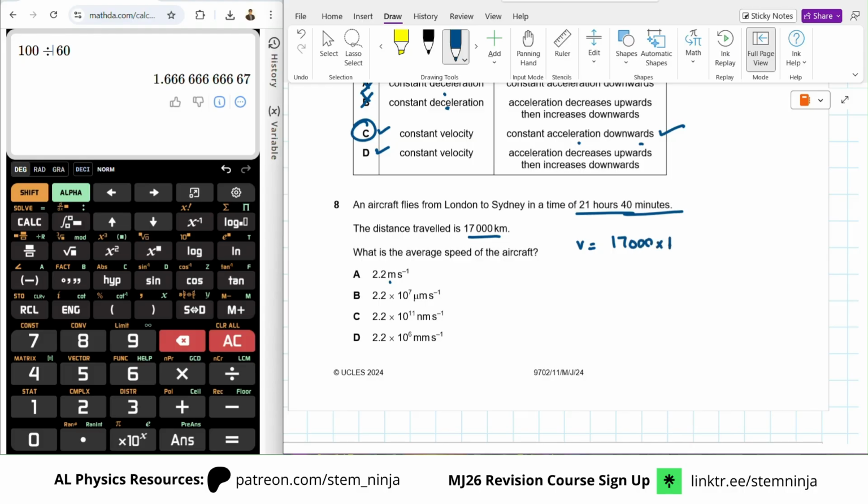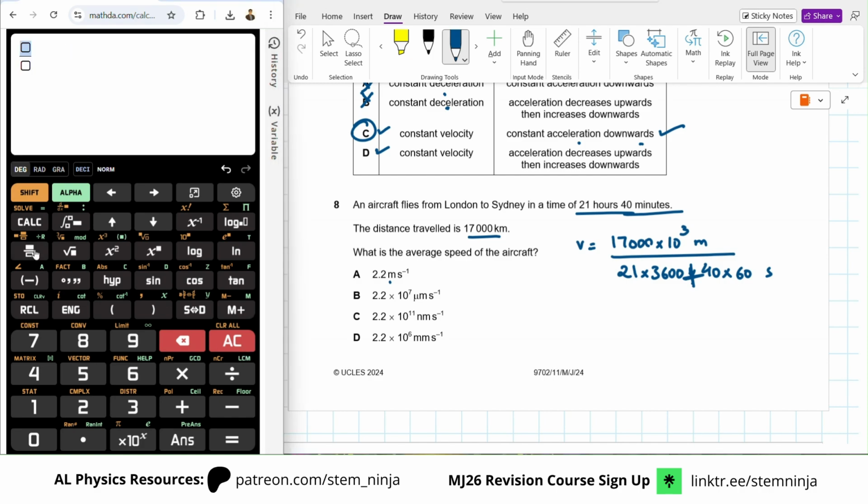17,000 times by 1,000 to make it into meters, and hours, 21 times by 3600, 21 hours into seconds, plus 14 minutes times by 60. So this will all be in seconds.